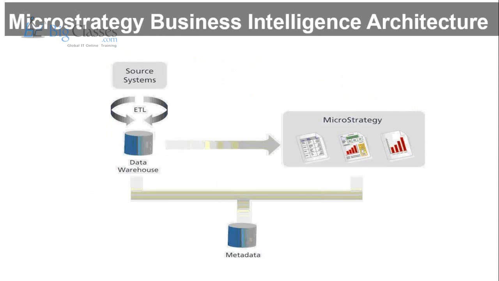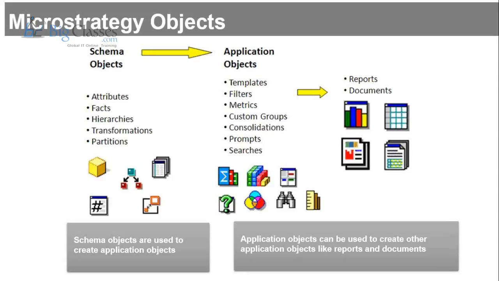The next slide just gives you an overview about the types of MicroStrategy objects. Whenever you start working on MicroStrategy as an architect, you first create the schema objects, like attributes, facts, hierarchies, and so on. We're going to discuss everything in detail, but this is just to familiarize you with the terminologies and the types of objects that we have.